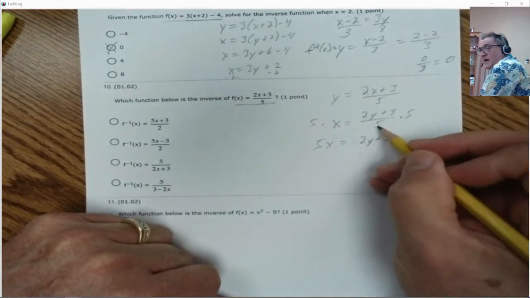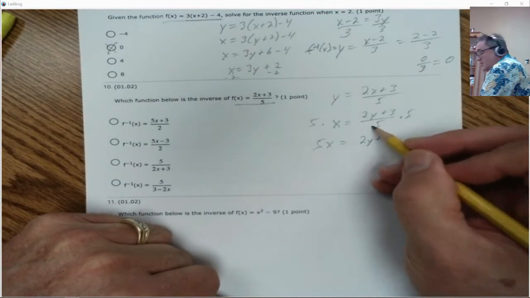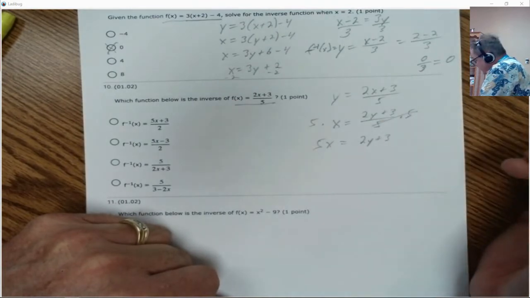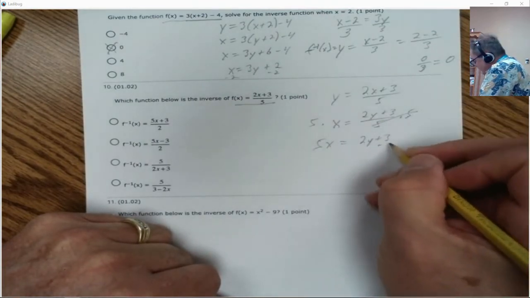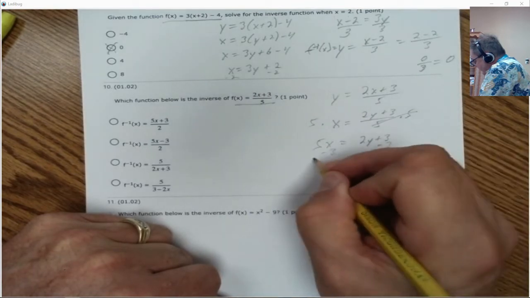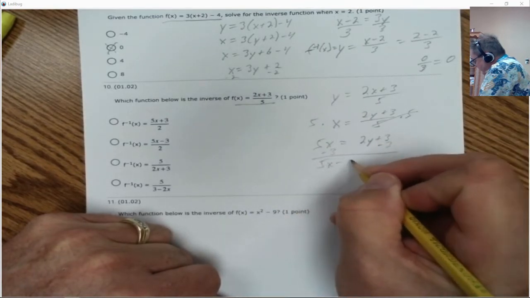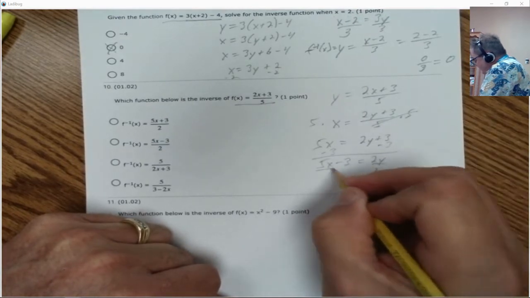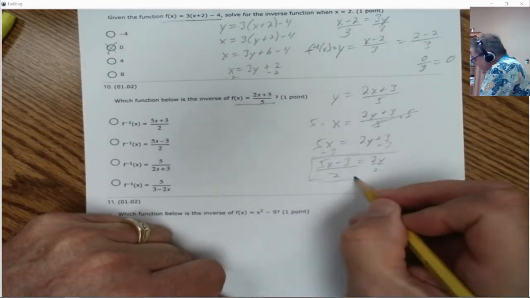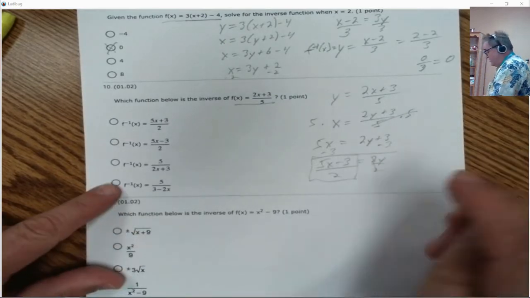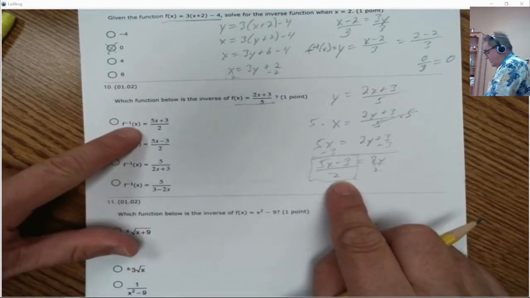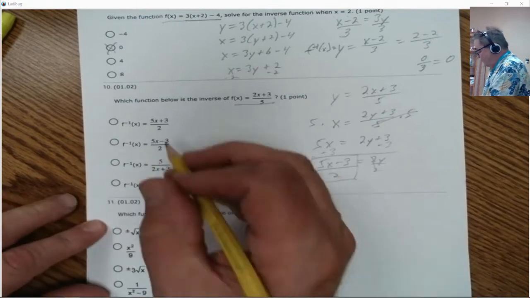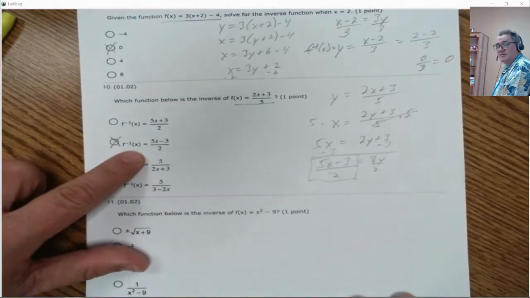Dividing by 5 and multiplying by 5 cancel each other out, so we're just left with 2y plus 3. Minus 3. 5x minus 3 equals 2y. Divide by 2, because those 2's cancel out. (5x minus 3) divided by 2. Right there. That's the one we're looking for.